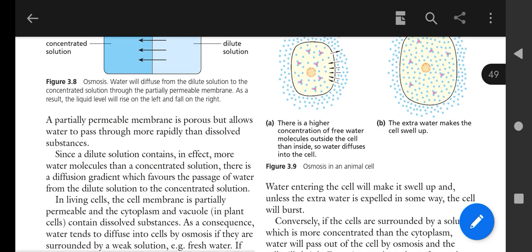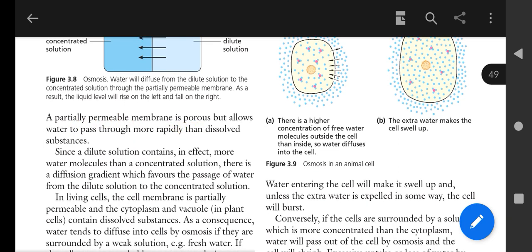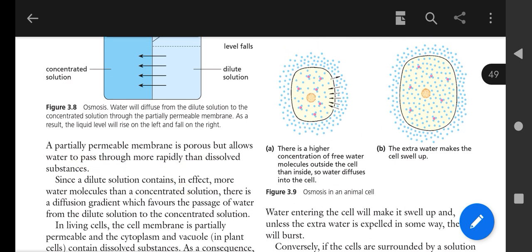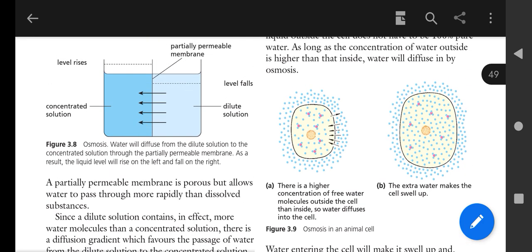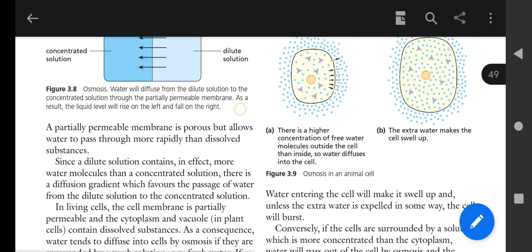A partially permeable membrane is porous. It means only selective substances can pass through this membrane, but it allows water to pass through more rapidly than the dissolved substances. Or we can say the solute will move opposite to the osmosis; the diffusion of the solute molecules is happening at the same time as osmosis, but in the opposite direction.